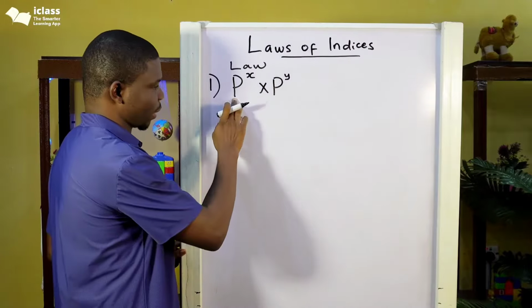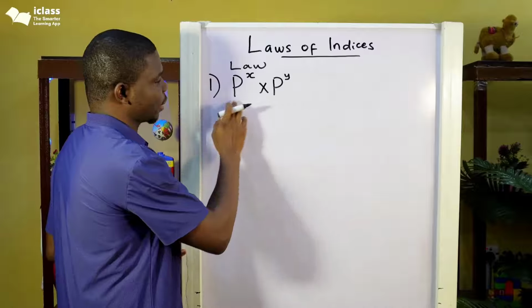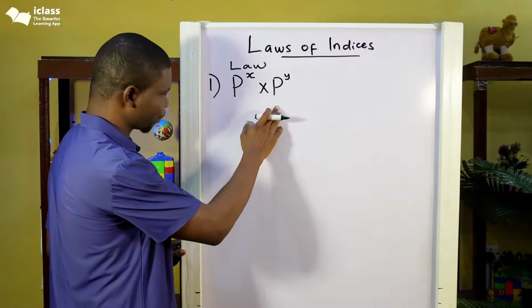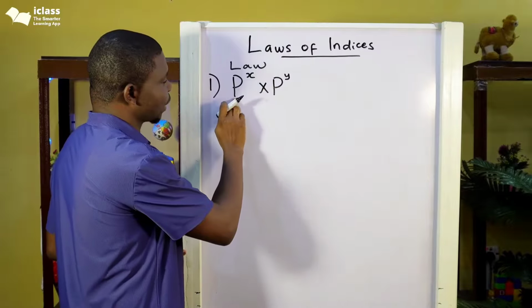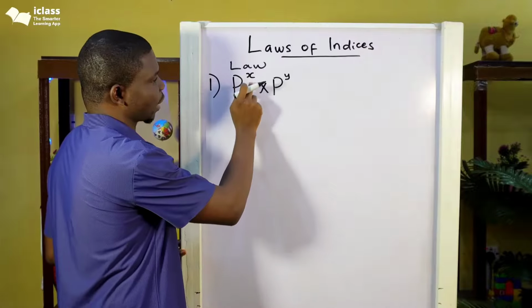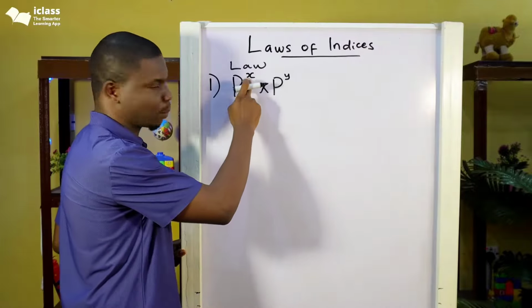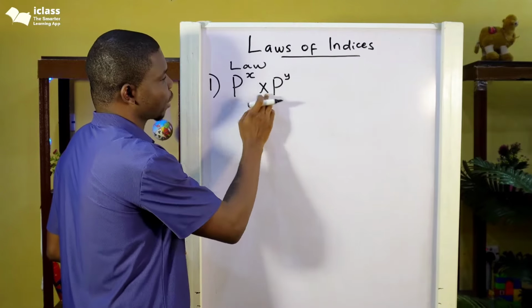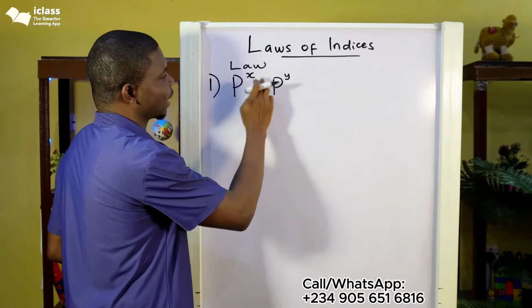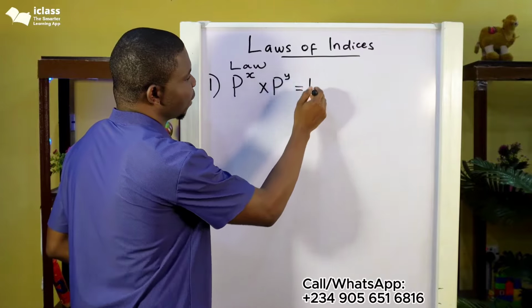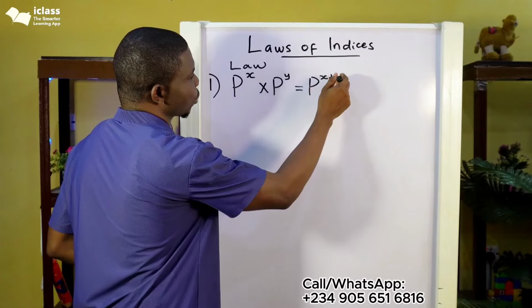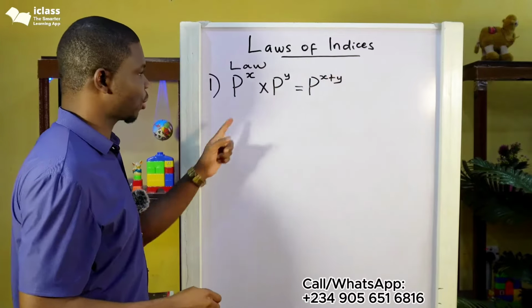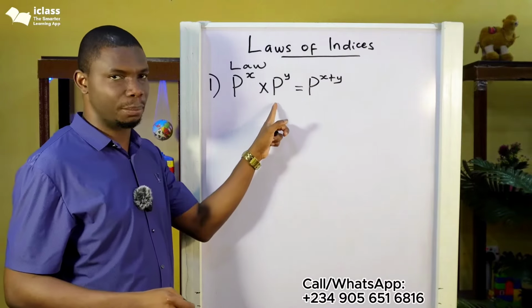Now, you can see that these are indices of the same base, right? Now, this is the base of this index, and this is the power or the exponent. Now, when you multiply indices of the same base, all you need to do is to add the powers. So this is going to be p to the power x plus y.